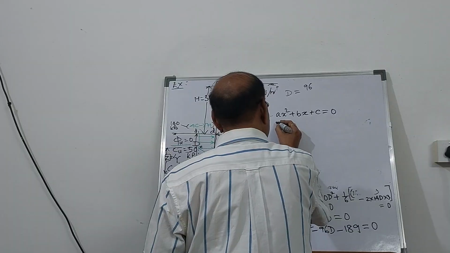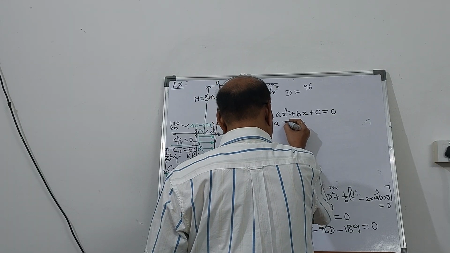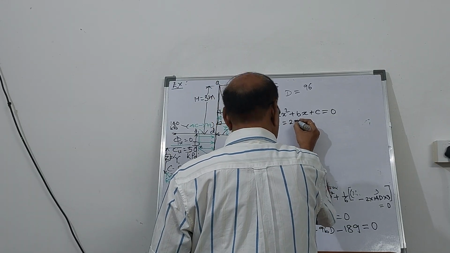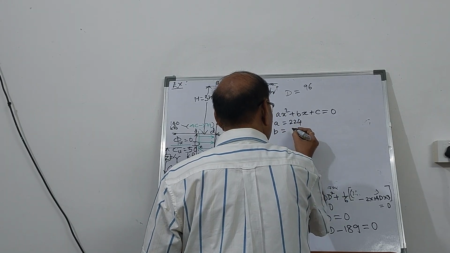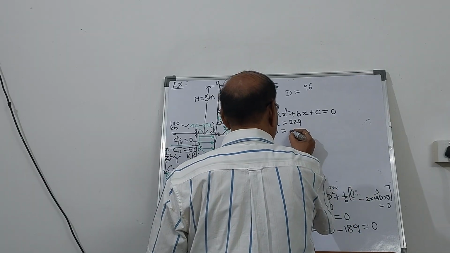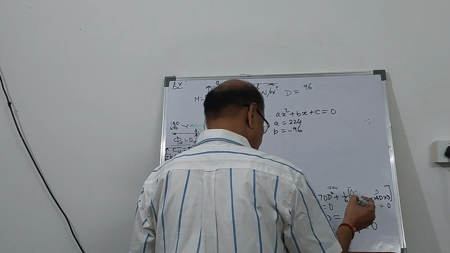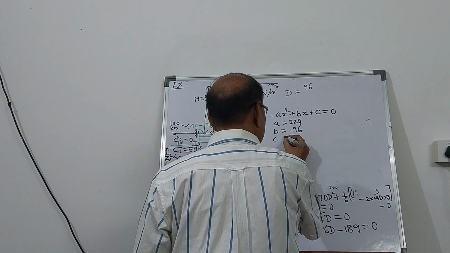So here a is already known to you, b is known to you, and c is.